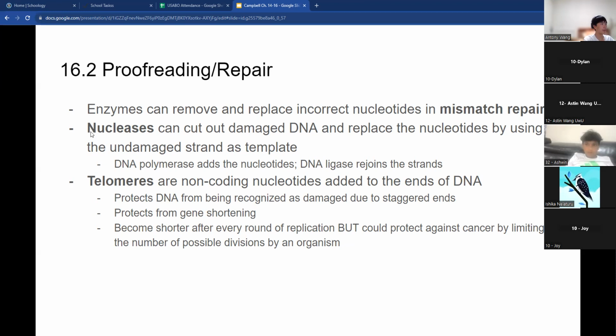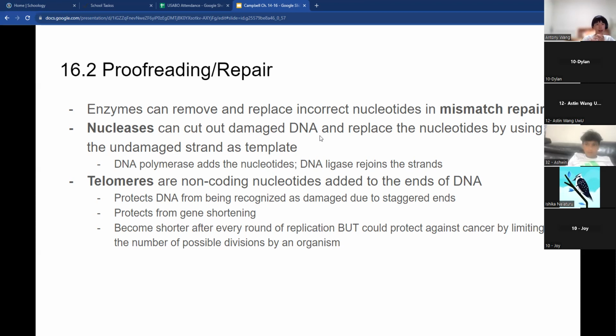Another example of repair is nucleotide excision repair, where if there's a piece of damaged DNA, a nuclease will be attracted to that site, and it will completely cut out that section of DNA and get rid of it.